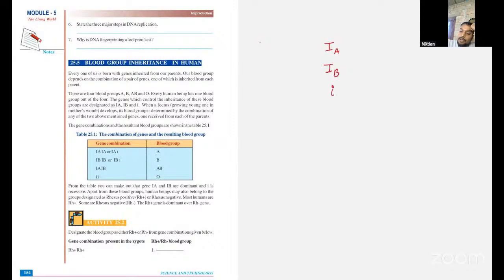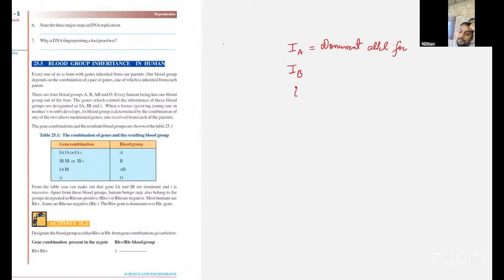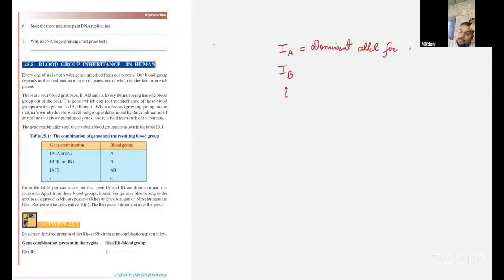So this is the dominant allele for antigen A. For antigen A, this is dominant. Like I told you, wherever the capital is there, the dominance of that allele will be there.